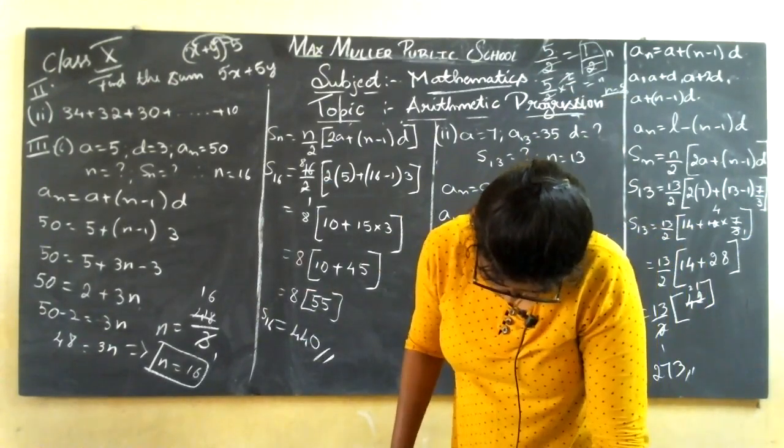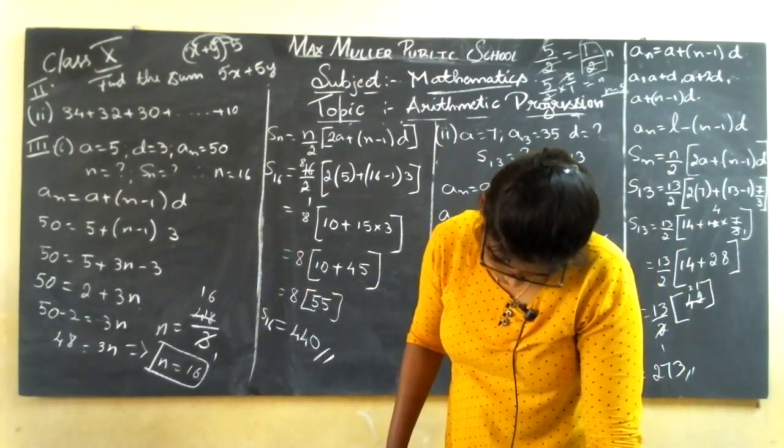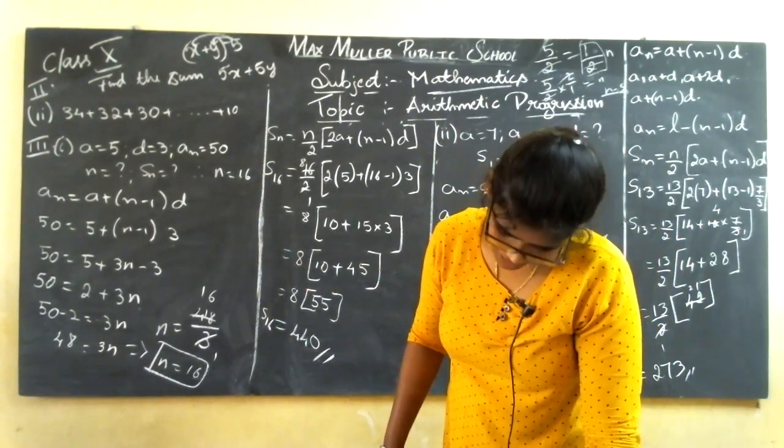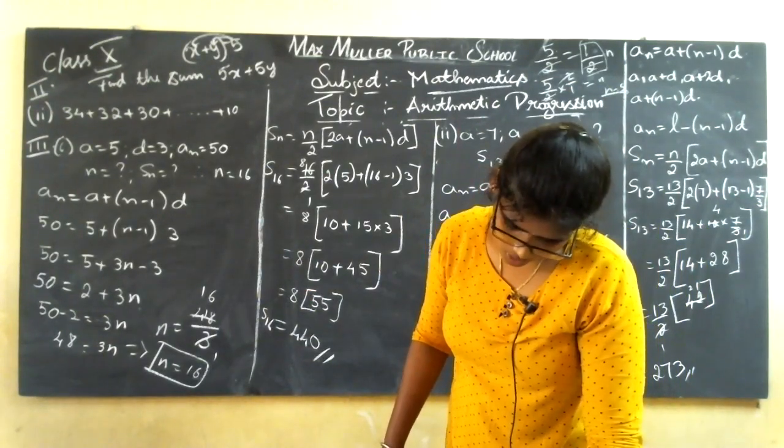Fourth one: A3 is equal to 15 and S10 is equal to 225.